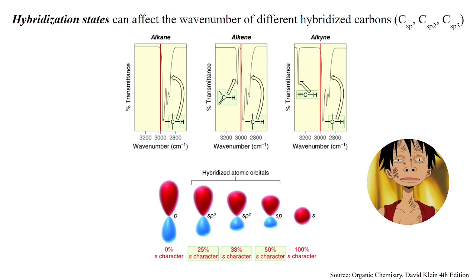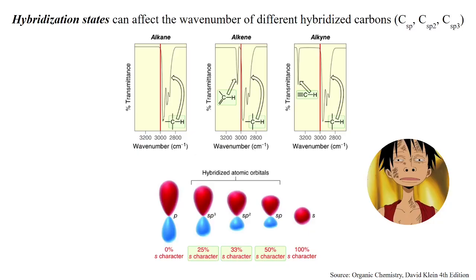If you have sp hybridized carbons, those are your alkynes, and it will have an additional peak at roughly 3300. If you have sp2 carbons, they will also have an additional peak, but it will appear roughly around 3100. And alkanes, which are sp3 hybridized, won't have that additional peak because remember, single bonds are the weakest and it won't appear within that region.